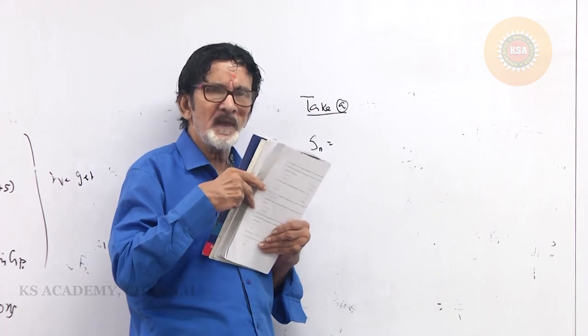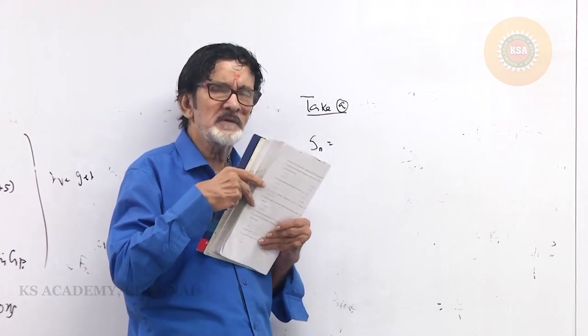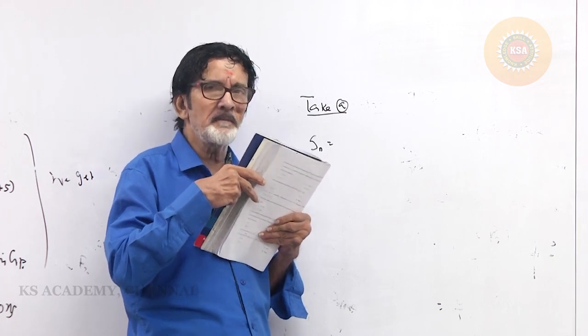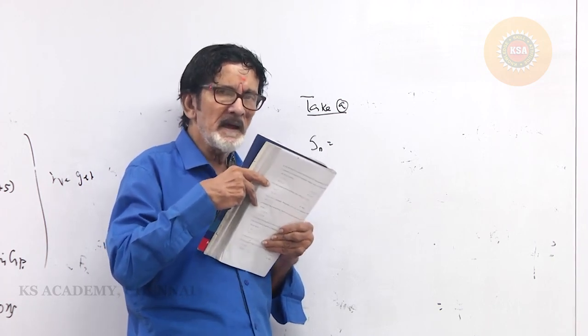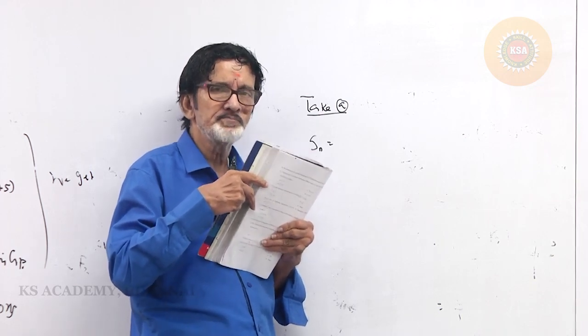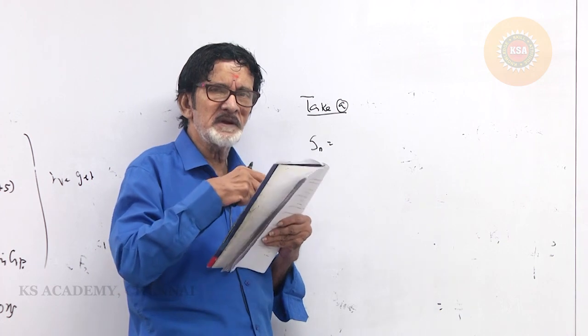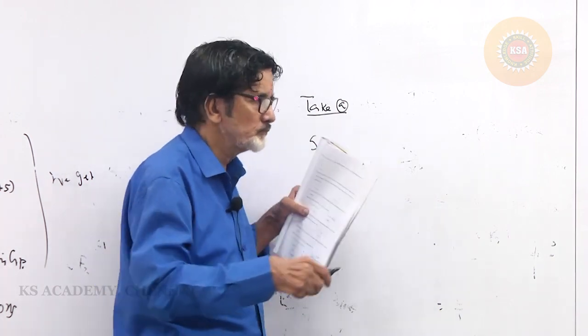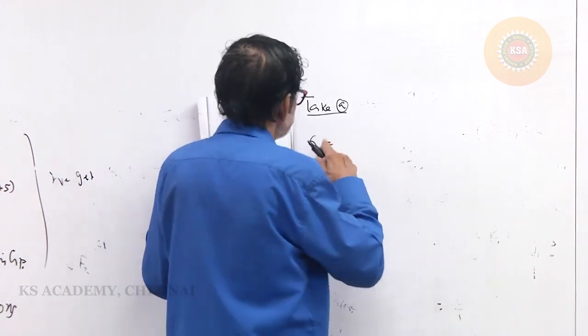Take each option and put m is equal to 1, m for mother, m is equal to 1. They have given the variable letter m. Sm is given.